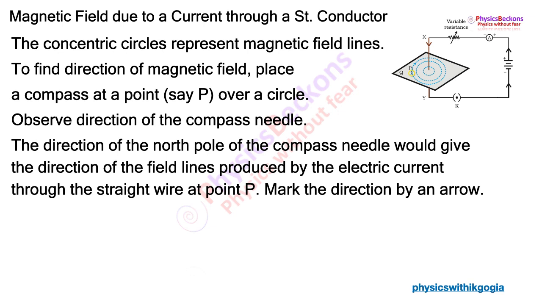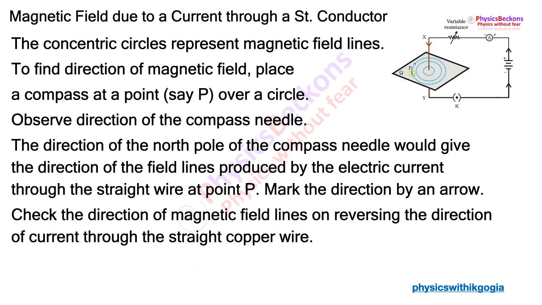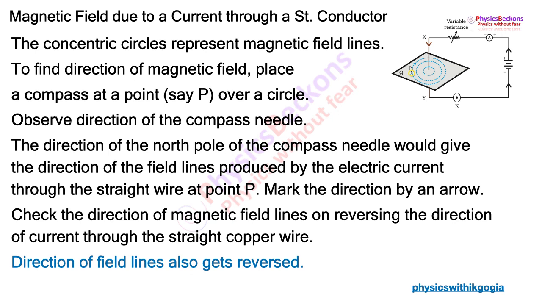Check the direction of magnetic field lines by reversing the direction of current. You will find that the north pole reverses its direction, indicating a reversal in direction of the magnetic field. So, what is the basic relation? If current reverses direction, the magnetic field also reverses the direction.